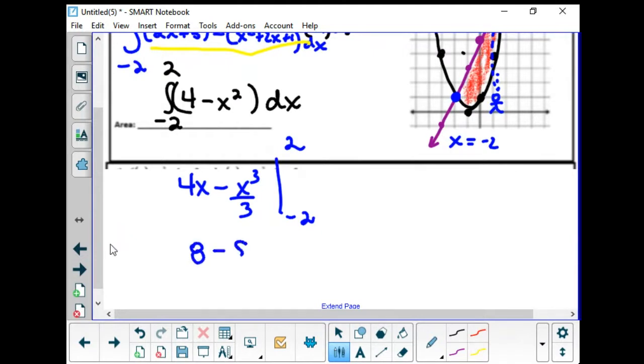So 8 minus 8/3 minus -8 minus -8/3. When you see things like that, you get really tempted to say 0, everything cancels, but it doesn't. Okay, so 8 minus 8/3 minus the quantity -8.